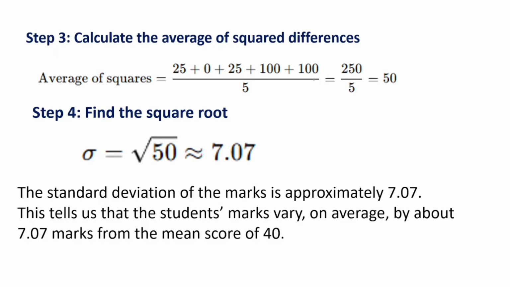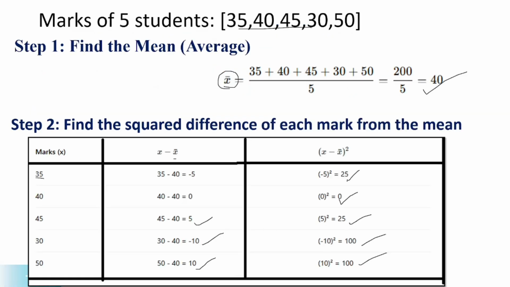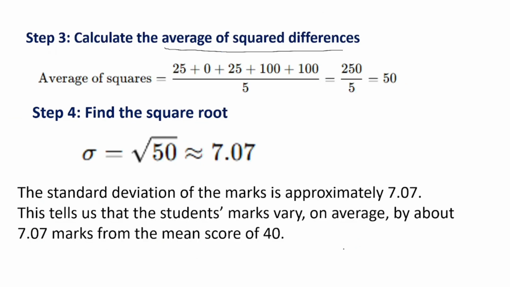After preparing this, the third step is to calculate the average of the squares. You take all the values of (x minus x bar) squared, which total 250, divided by 5. So 250 by 5 is 50. Then you find the square root of 50, which is 7.07. So the standard deviation of the marks is approximately 7.07.